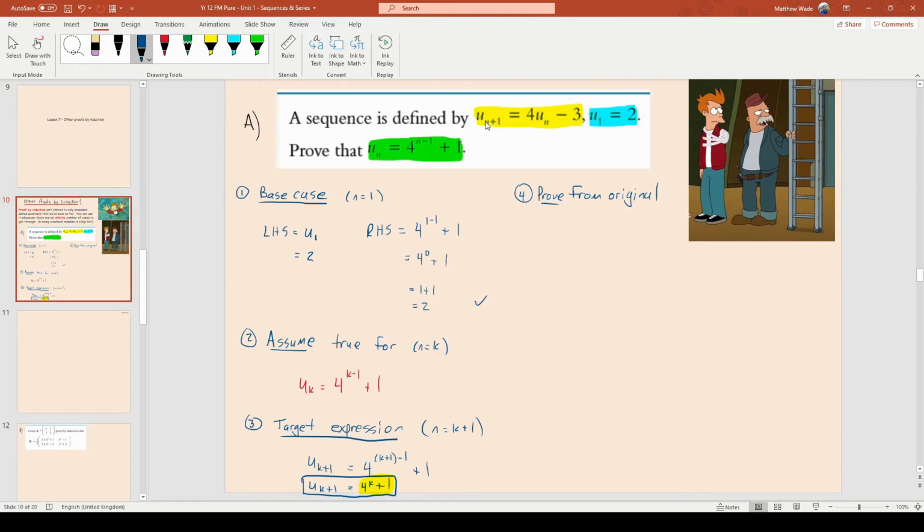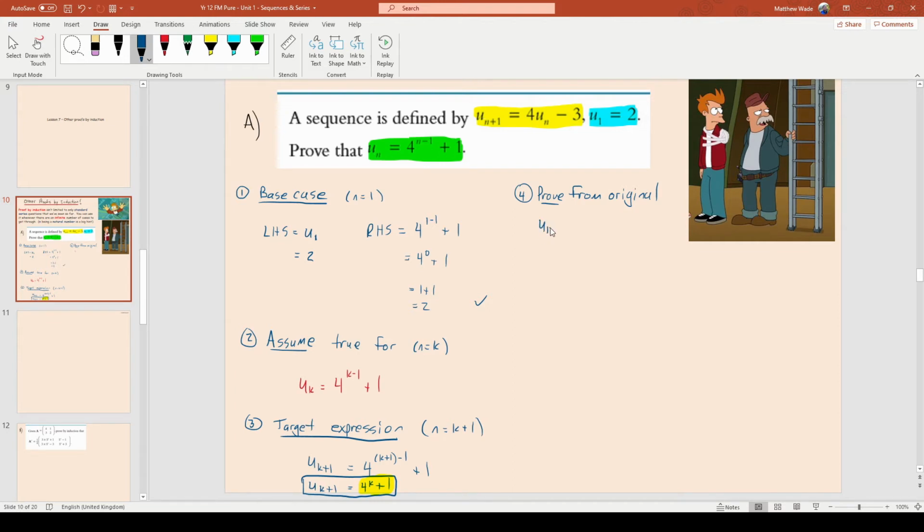That's defining our sequence that we're dealing with: u to the n plus 1 equals that. If we can prove from this, from the yellow, and show that we get the target expression from the green, then that's how we're going to prove it. So we're going to prove from the original. The original was u to the n plus 1, but we're going to be using k plus 1. So here we go.